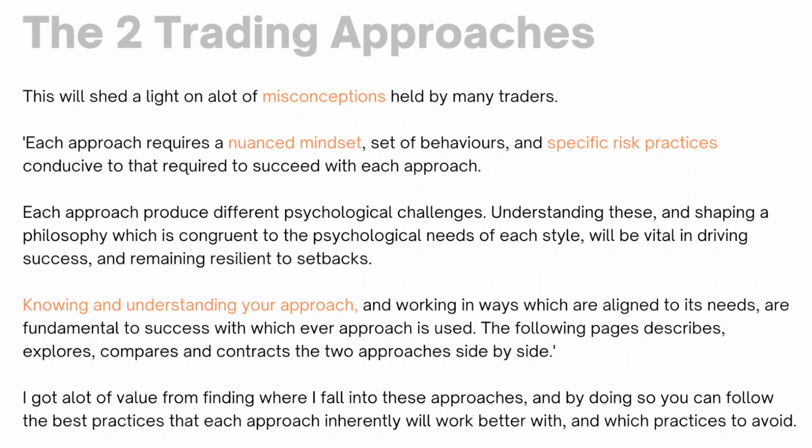Understanding these and shaping a philosophy which is congruent to the psychological needs of each style will be vital in driving success and remaining resilient to setbacks. Knowing and understanding your approach and working in ways which are aligned to its needs are fundamental to success with whichever approach is used. This is a whole tongue twister. The following pages describe, explore, compare, and contrast the two approaches side by side.